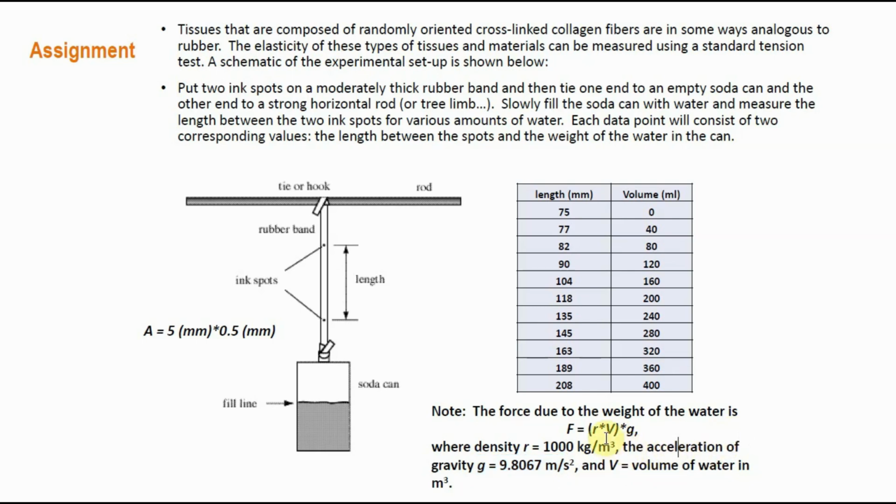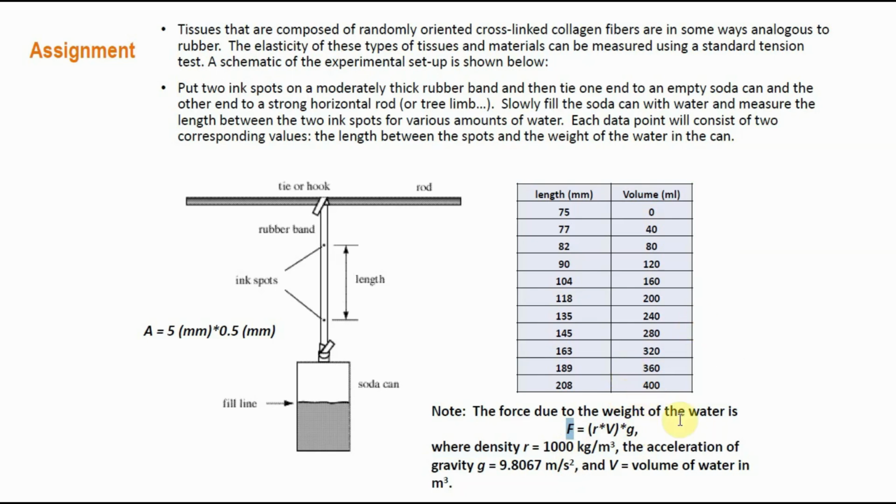However, when you compute this, the volume must be given in cubic meters, but in here the volume is in milliliters. So we have to convert milliliters to cubic meters, and we just multiply all these values so that we can compute the force. Okay.